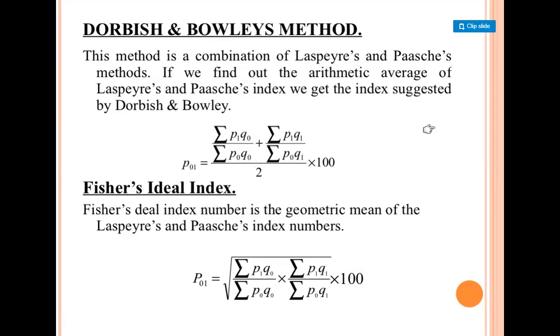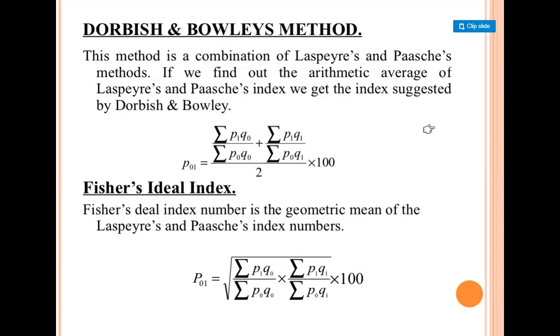Simply P01 equal to L plus P by 2, where L is the Laspeyres formula plus P is the Paasche's formula, by 2 into 100.